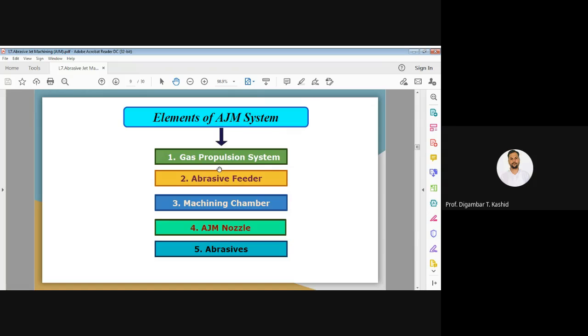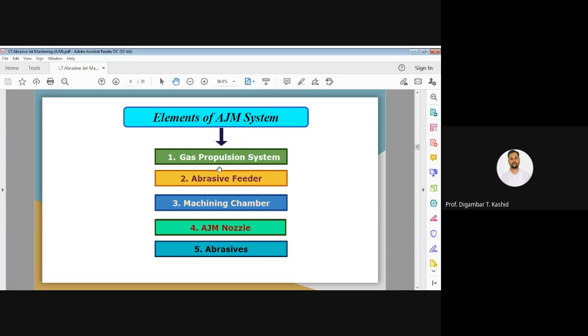We need to carry the abrasive particles from the mixing chamber to the top surface of the workpiece, and for that purpose, to propel the abrasive particles, we need some gas. It may be air or some other gas, an inert gas also you can use. So the gas propulsion system is required to propel the abrasive particles.